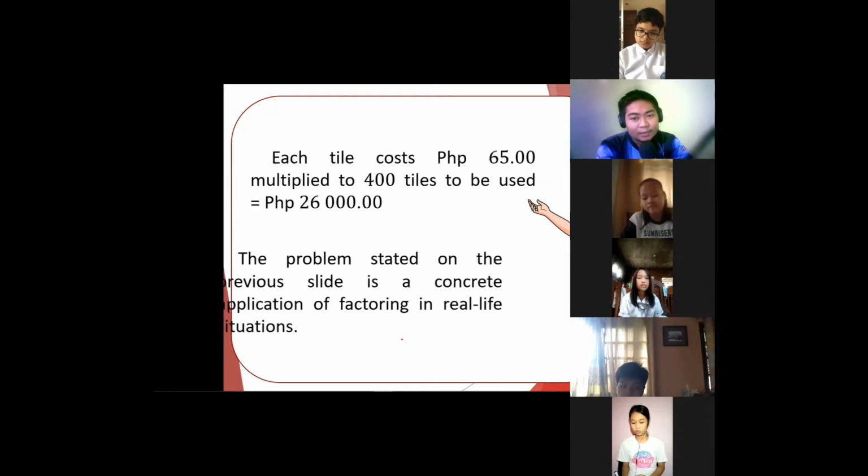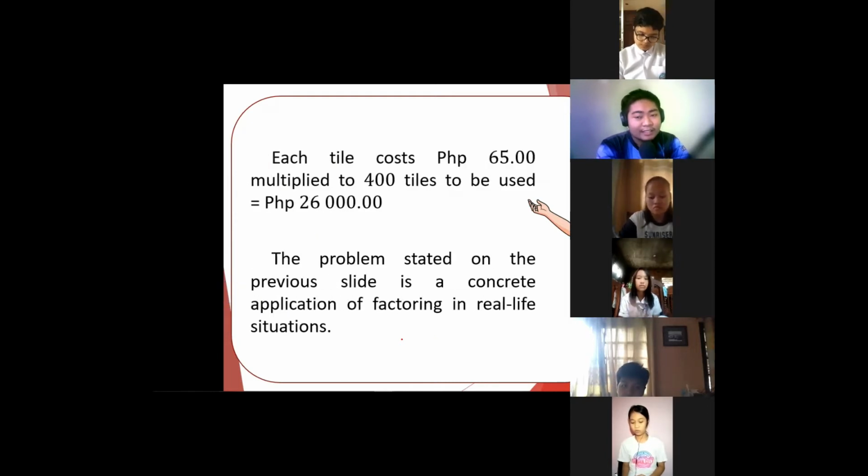Each tile costs 65 pesos. So if he needs 400 tiles, 400 times 65 is how much Mr. Cruz will spend for the renovation of his tiles. That would be 26,000 pesos.